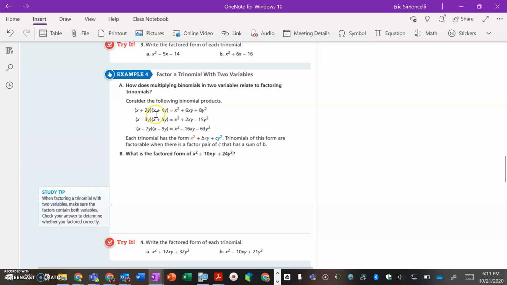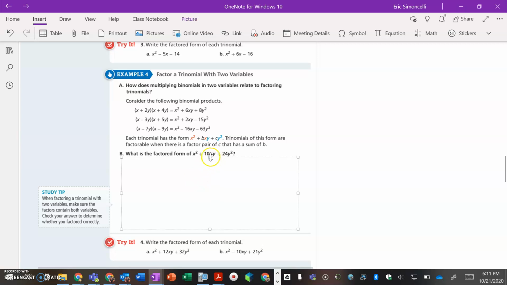Because we are identifying with two variables, remember that your middle term is not just 6 or 6x; technically it's 6xy. And 8y squared stems from taking y times y, so it's 8 and y squared. Let's move on.